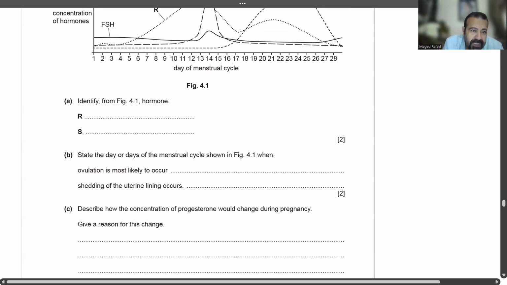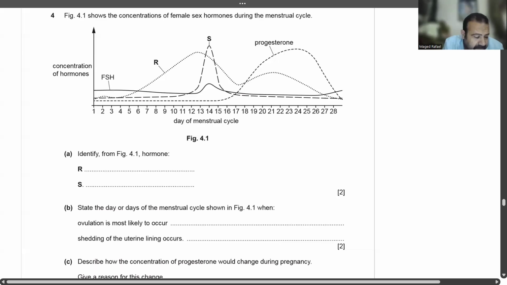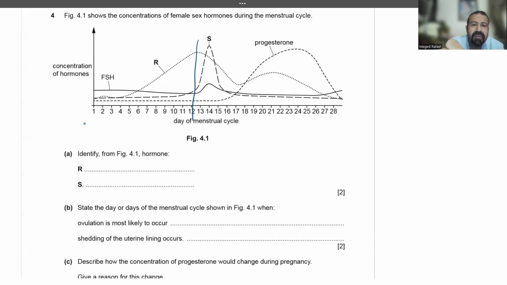Let's go to the next question. The ovulation, mainly based on the graph here, is from day 13 to 16. This is the time of ovulation. And the shedding of the uterine lining, also based on the graph here, is from 1 to, we can say 1 to 7, you can say 1 to 6, you can say up to 8 and it will be accepted.